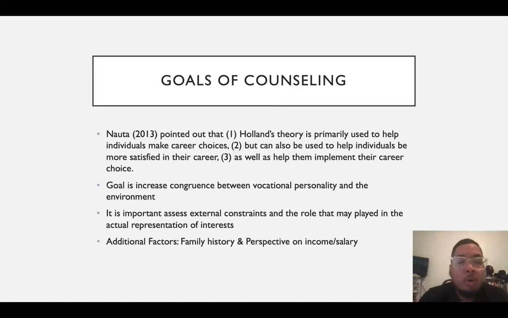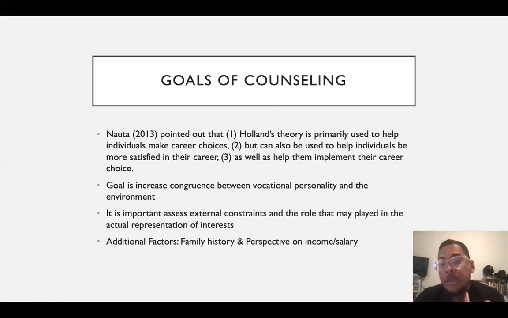One goal of Holland's theory is to increase congruence between vocational personality and the environment. The logic behind that is that if you are in an environment where you're working with your strength, your vocational personality, you're more likely to perform better and you're more likely to be better satisfied.